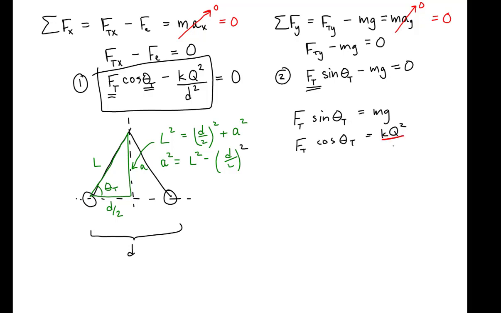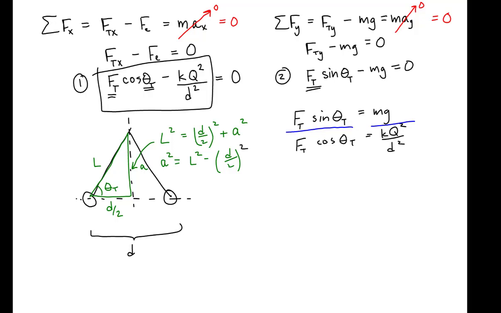Now that I have the tension terms isolated, I am going to divide the second equation that I just wrote into the first equation. I'm going to illustrate that by putting this dividing line between both sides, dividing one equation into another.